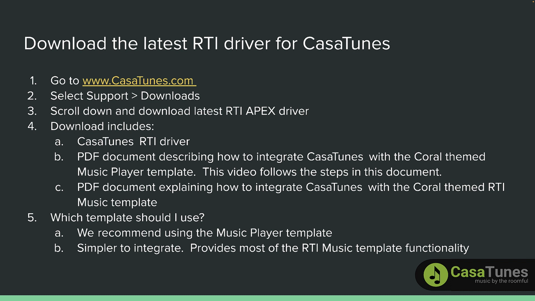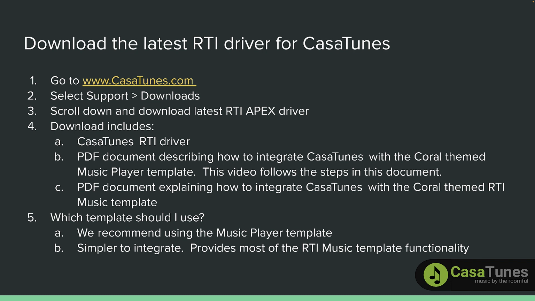The download is actually a zip file, and when you unzip this, it is going to include the CasaTunes RTI driver that you're going to use, and it will also contain two documents that are extremely useful in this case. The first document describes how to integrate CasaTunes with the choral theme music player template, and that is what I'm going to show you in this video.